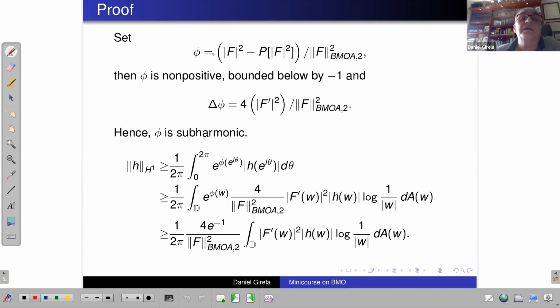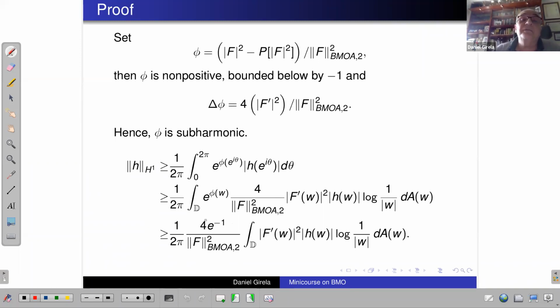Then, trivially, this is non-positive because this is a majorant of this, and is bounded below by 1. And a computation shows that the Laplacian of phi is 4 times the mod of f prime squared over the BMO norm of f squared.